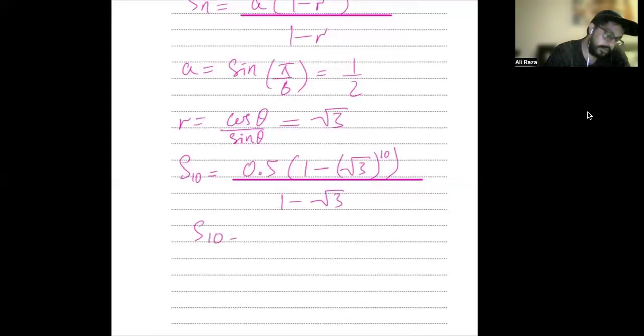This simplifies to 121 upon 2 multiplied by root 3 plus 1.